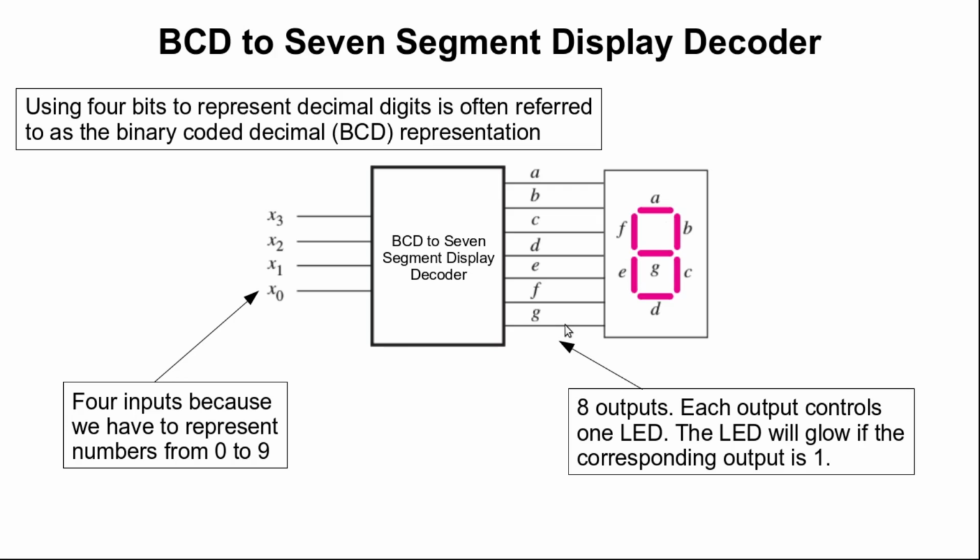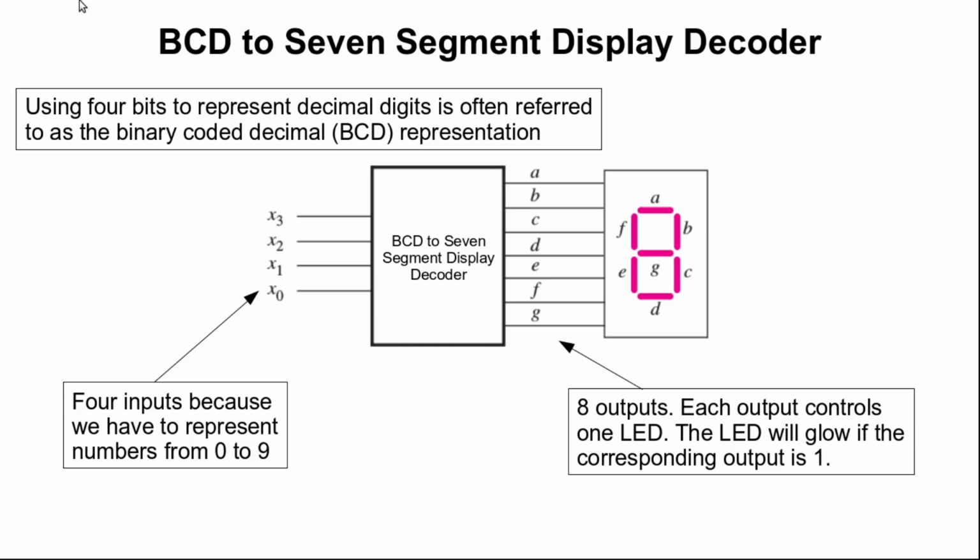Using 4 bits to represent decimal digits is often referred to as binary coded decimal representation, BCD representation. We will have a separate class on BCD representation where we will discuss more about BCD.